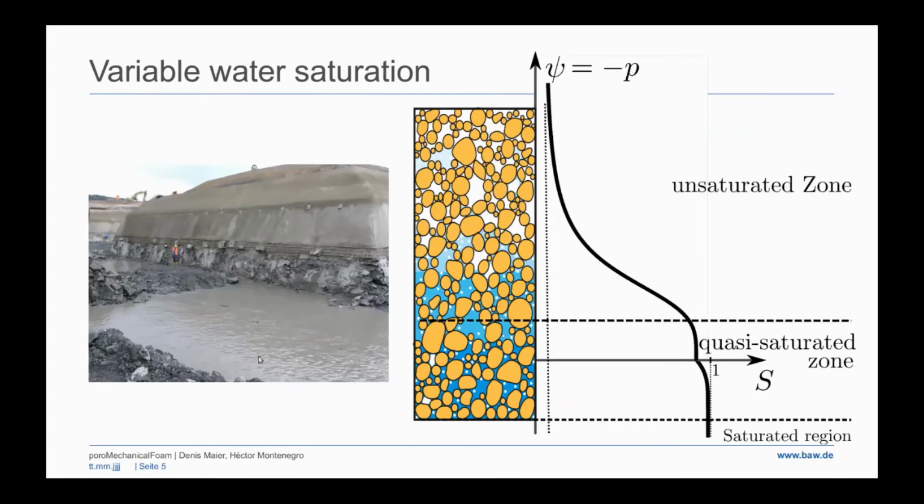When you have processes like excavation, for example, as you can see in this picture here, you always have varying levels of saturation, and it varies with time and with space. And these varying levels of saturation alter the behavior of the porous material quite a lot. So when you're far below the groundwater table, you have the saturated zone, where there's really only water in the pore space, and you can view the water as incompressible.